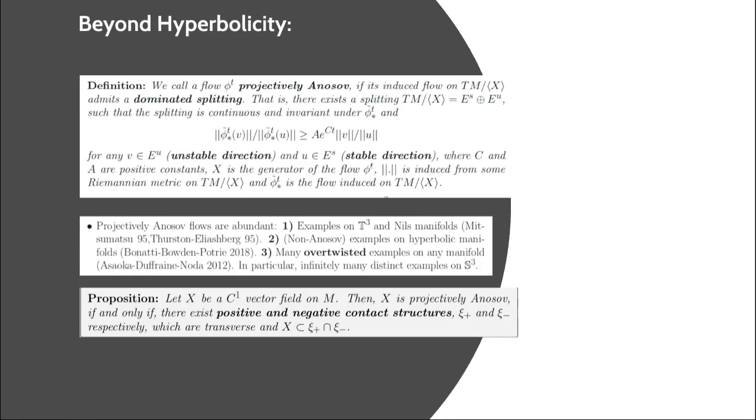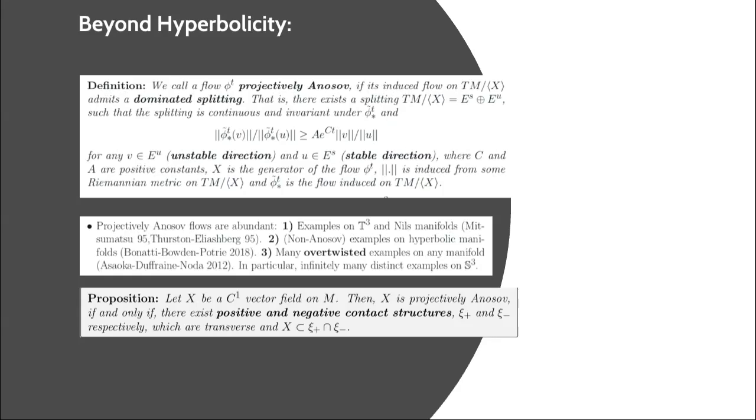That means that there exists again a continuous and invariant splitting of the normal bundle into two line bundles E^s and E^u, and the relative length of vectors in the E^u direction over vectors in the E^s direction would increase exponentially. And unlike Anosov flows, projectively Anosov flows are abundant.